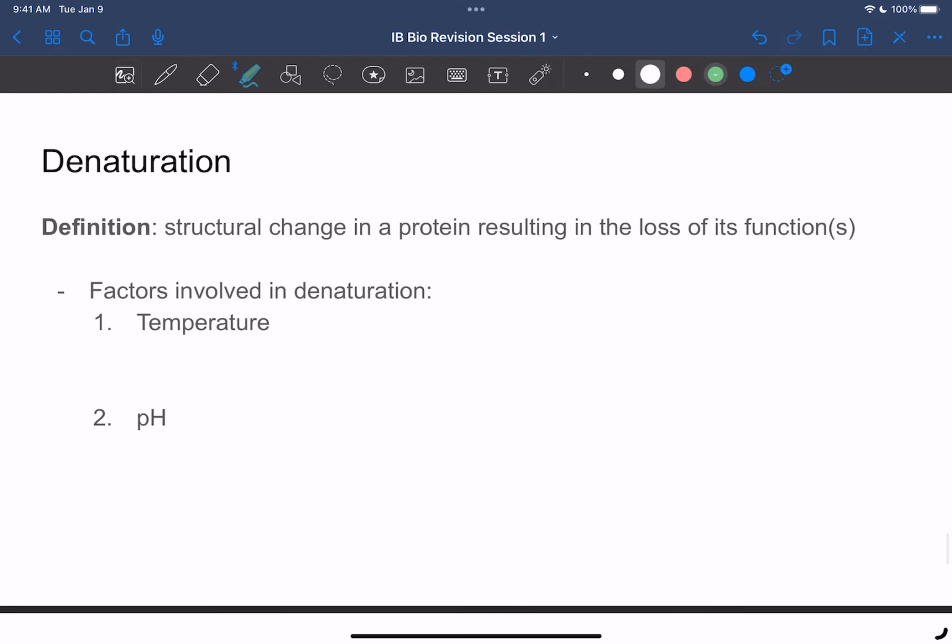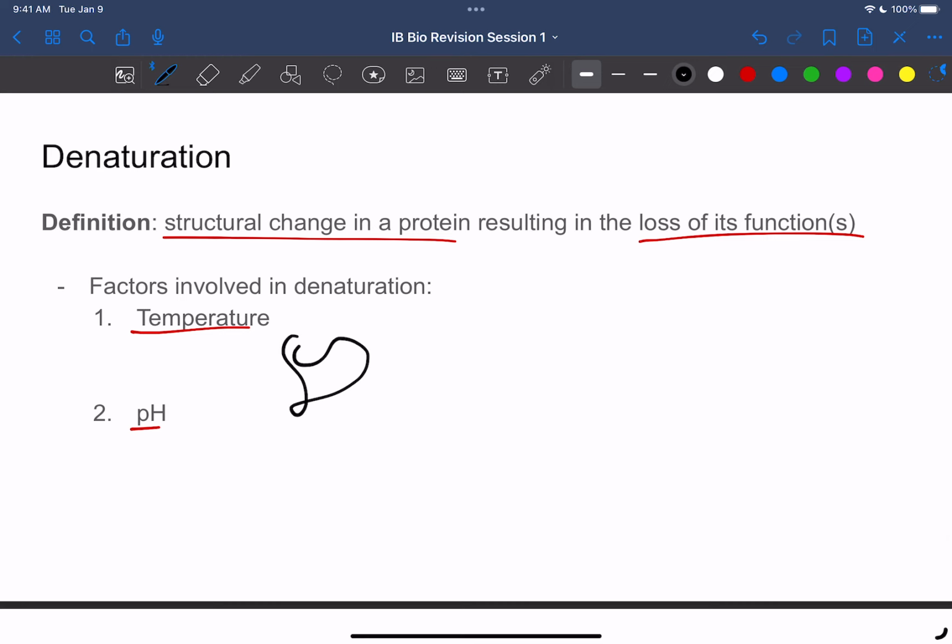Now we're going to talk about factors affecting function. So this is denaturation. So what is denaturation? A structural change in a protein resulting in the loss of its function or functions. And there are two factors involved, temperature and pH. How does temperature work? Well, in a protein, we're going to have specific interactions that help keep it together.